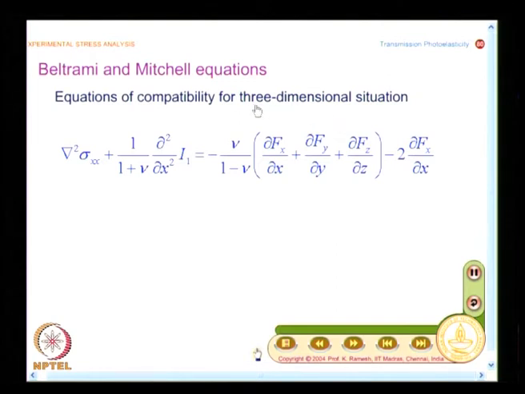and these are famously known as Beltrami and Mitchell equations. You may not find this in several books, and experimentalists are concerned about this.